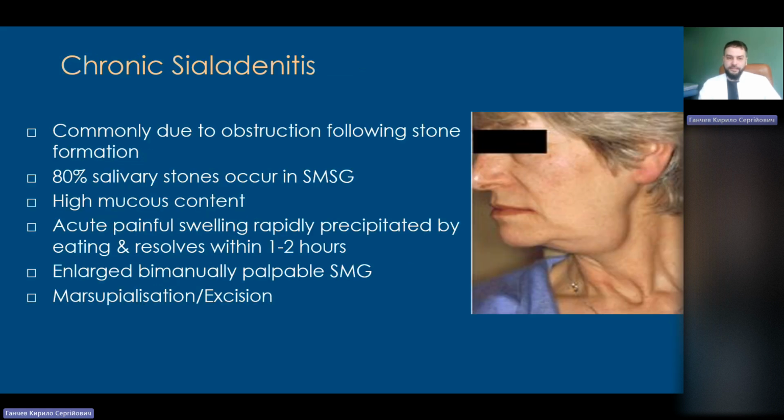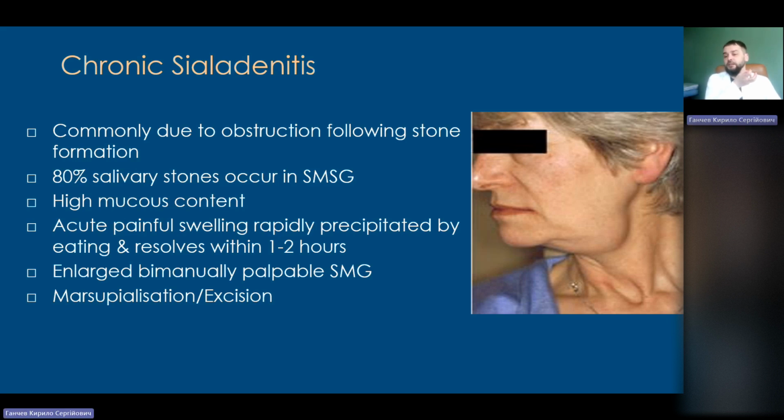Chronic sialoadenitis, commonly due to obstruction following stone formation. Stone means concrement or rock. Submandibular salivary gland stones: high mucus content, acute painful swelling rapidly precipitated by eating and resolves within 1-2 hours. Why?